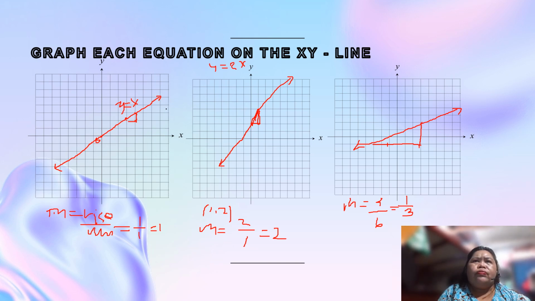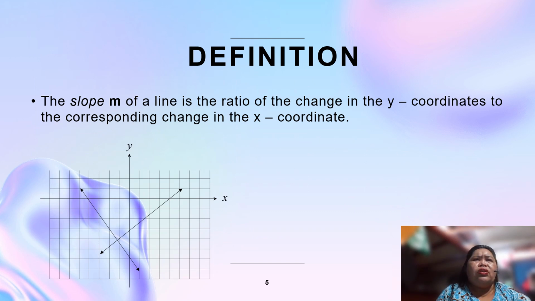Still remember that the slope m of a line is the ratio of the change in y coordinates to the corresponding change in x coordinates. If we're going to get the slope again, we have 2 points here.